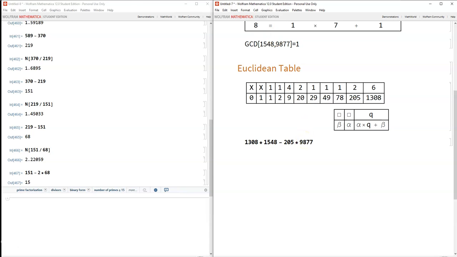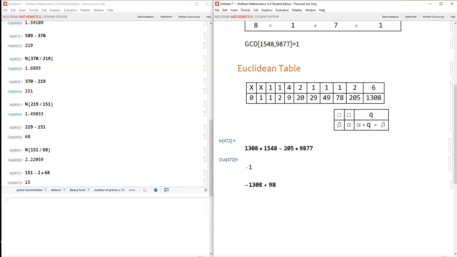Now, when I do this, if I've done everything right, I should get either +1 or -1. In this case, I get -1. So that means that 1308 isn't the inverse of 1548, but it's close. -1308 is the inverse.